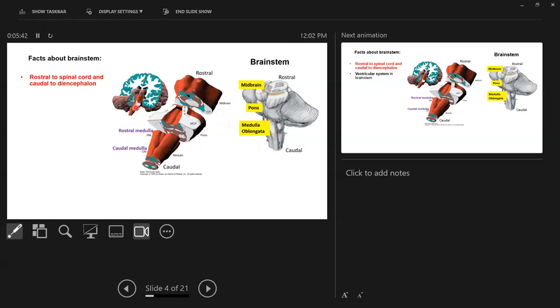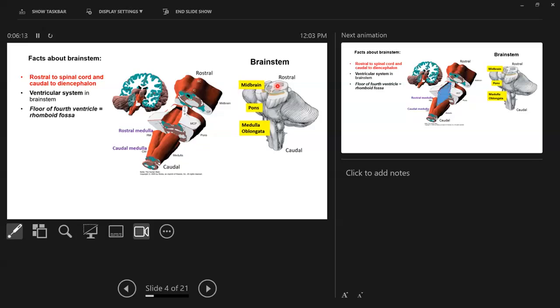So between diencephalon and spinal cord, we will find the brainstem and the various portions of ventricular system in the brainstem. The central canal, this little dot that we can see here, and then the wide open fourth ventricle in rostral medulla and pons, and then cerebral aqueduct as we go into midbrain.